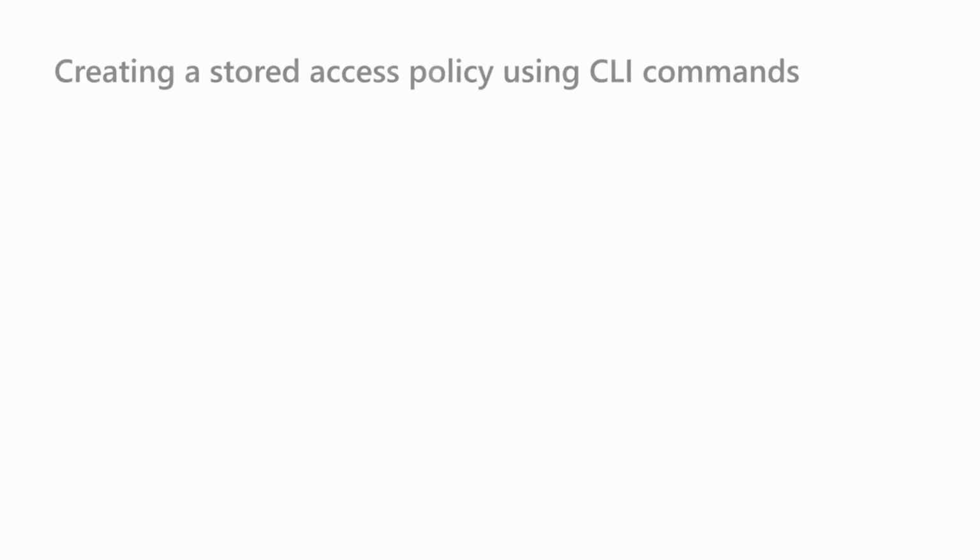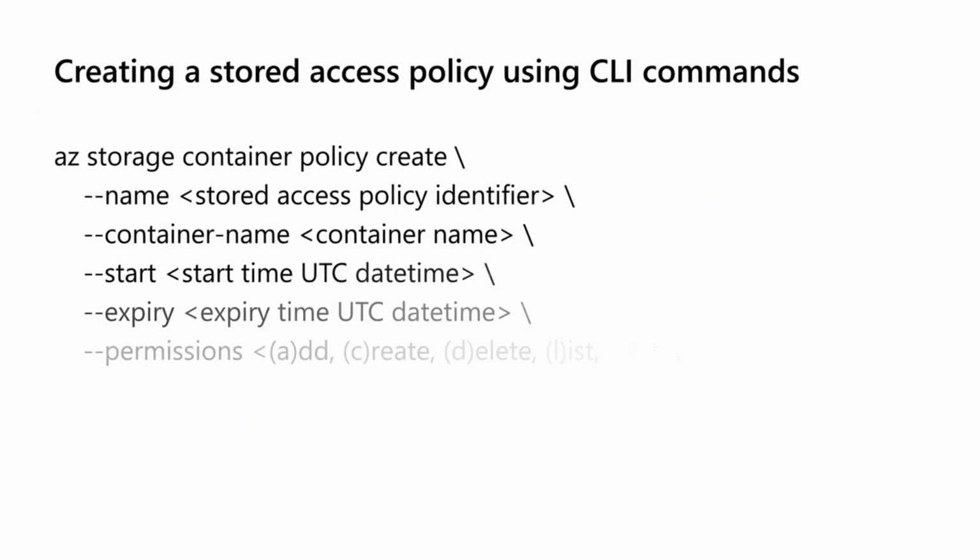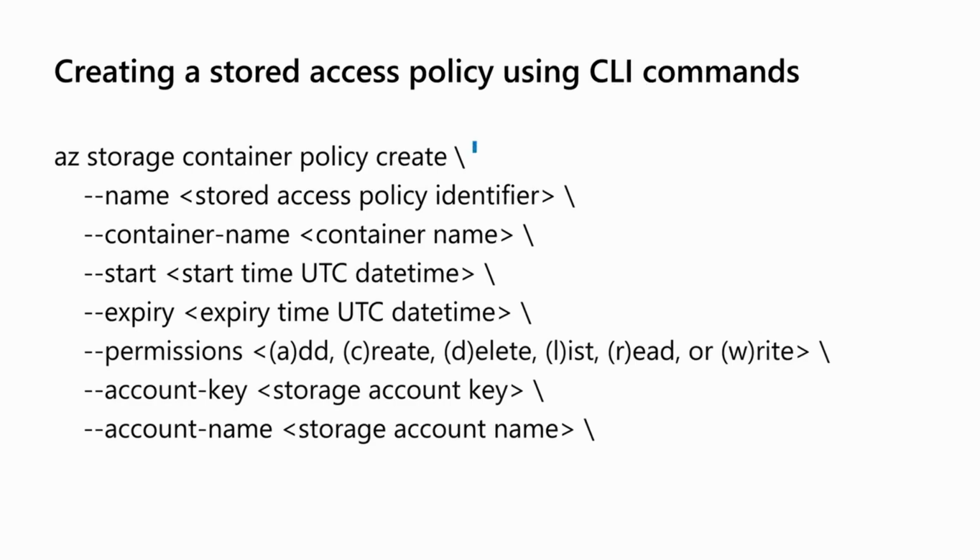Let's understand creating a stored access policy using Azure CLI commands. The command az storage container policy create is used to create a stored access policy for an Azure storage container. You then provide a unique name as an identifier and specify the name of the Azure storage container to which you will apply the stored access policy. In the next part of the code, you specify the start and expiry times.